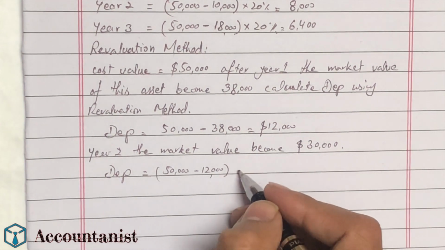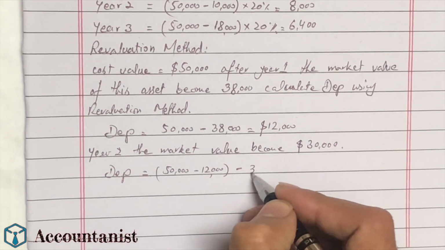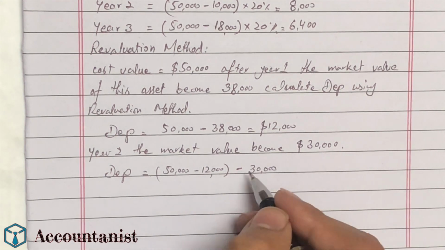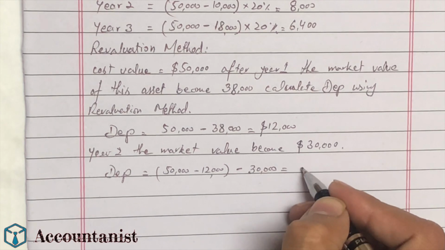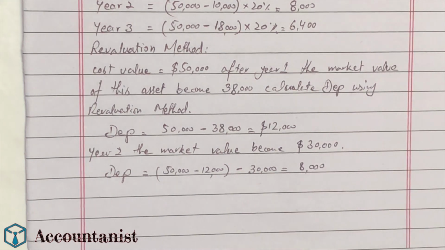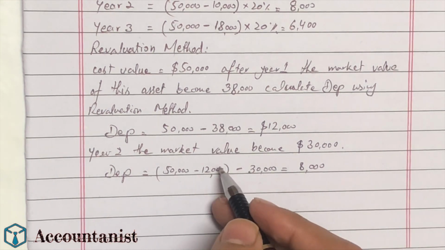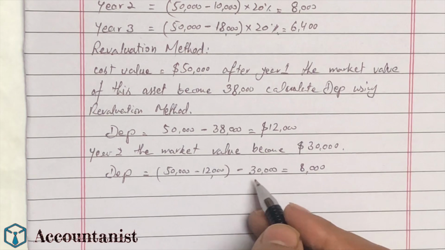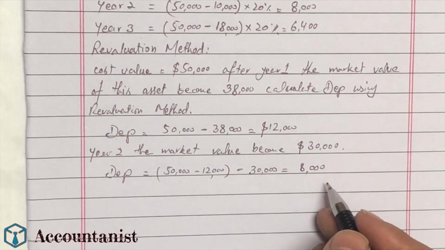So we'll compare this with the new market value, that is 30,000. So 38,000 less 30,000 will give me the number of 8,000. So that will be the depreciation of year 2. So we'll compare this 38,000 with the new market value to get the depreciation of the second year.